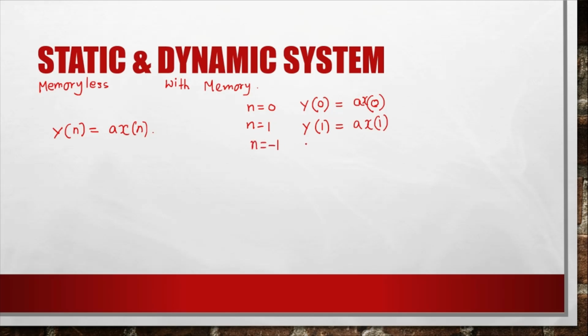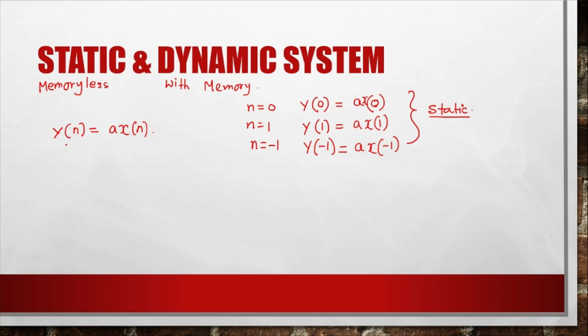Similarly, if you take a negative value, here also the output depends upon only that value. So the output of the system is dependent on the input sample of that instant only. This type of system we will call a static system.